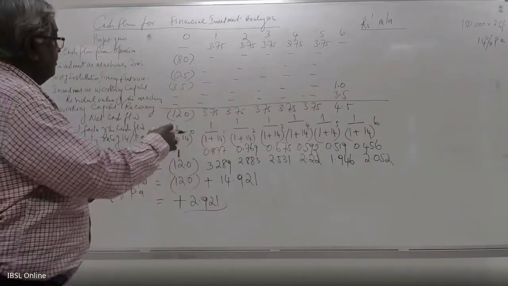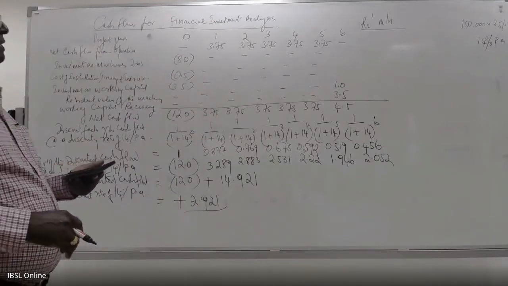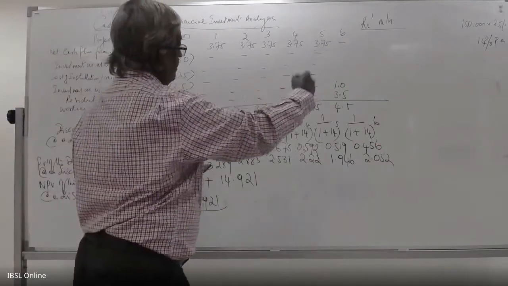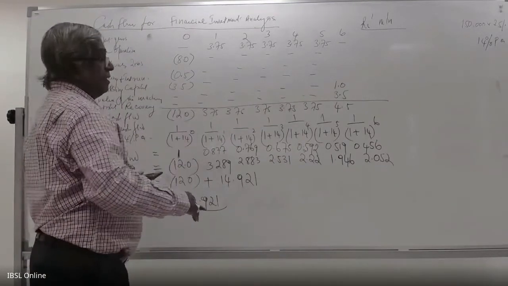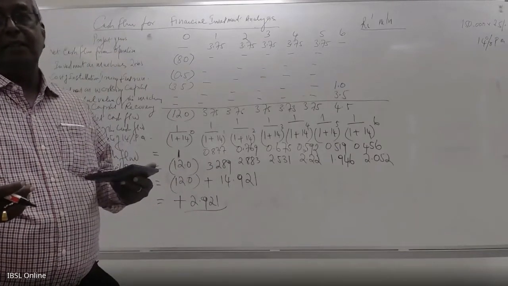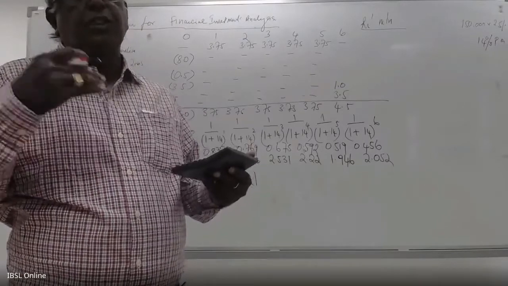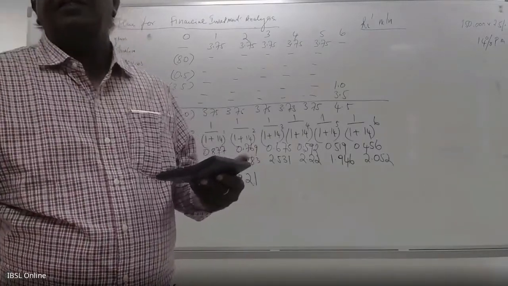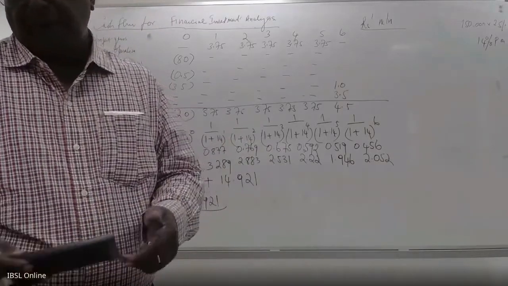So all these things we are considering. In this case, the machinery has a residual value, and the working capital is recovered at the end, when you are closing the business. That is the inflow. So residual value is also an inflow, and the working capital recovery is also an inflow.